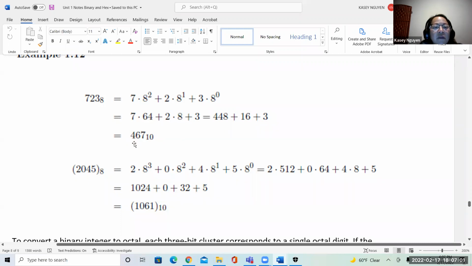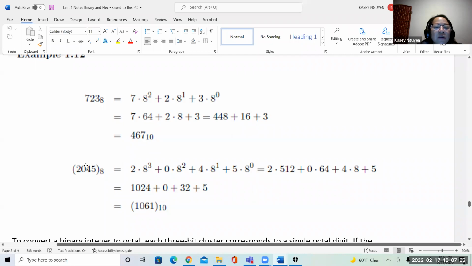So just like before, when we convert to decimal, we multiply by the base number to the nth power, starting with the rightmost bit, or the least significant bit, and go left, okay? And then again, similar to what we've seen in the prior example, this one has 4 digits.